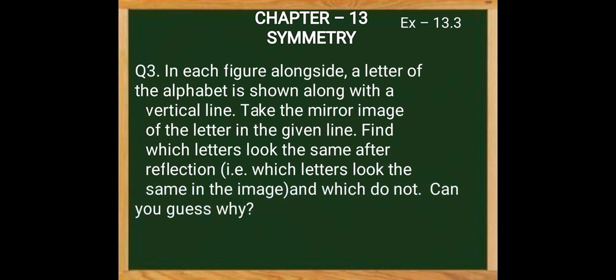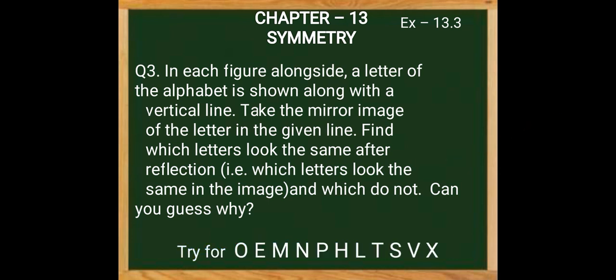Can you guess why? And you just need to try out for this limited set of letters. Try for O, E, M, N, P, H, L, T, S, V, X. Only for these letters you are going to try.